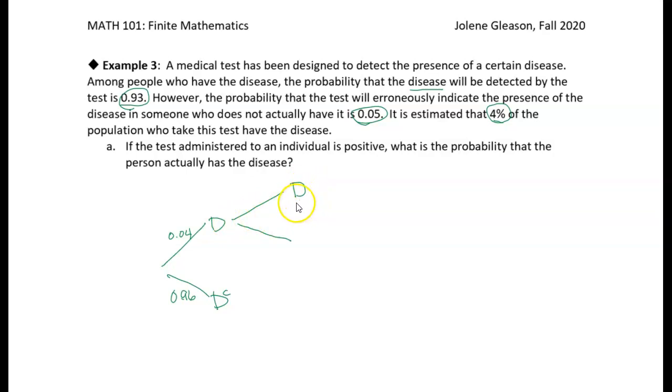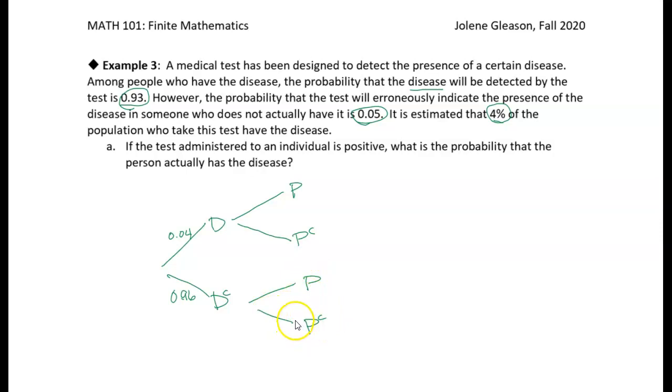Never mind, hang on, I want to use a P. So that person who comes in and gets tested is either going to test positive or they're not going to test positive. Now, a person who doesn't have the disease is either going to test positive or not positive.